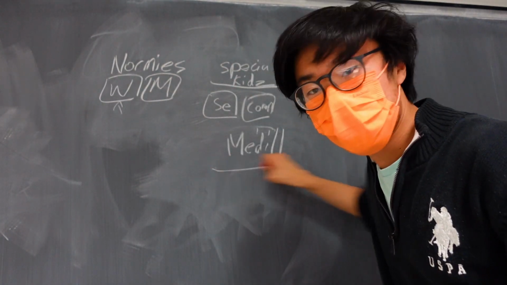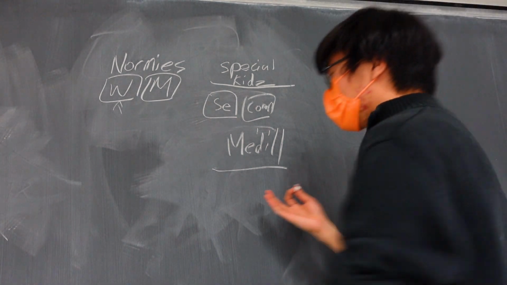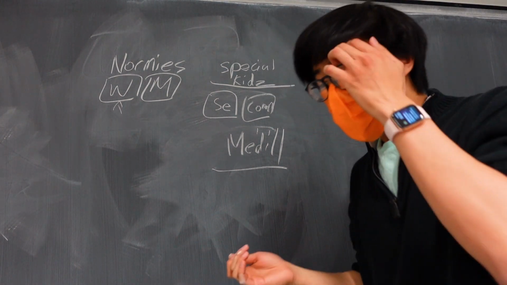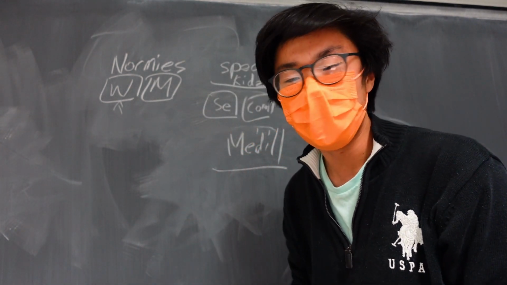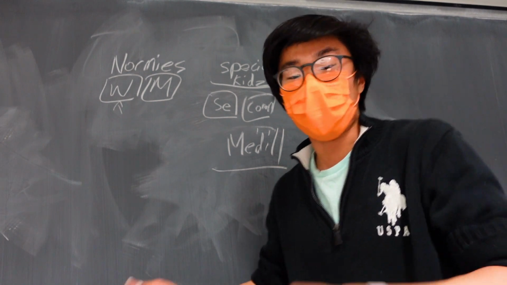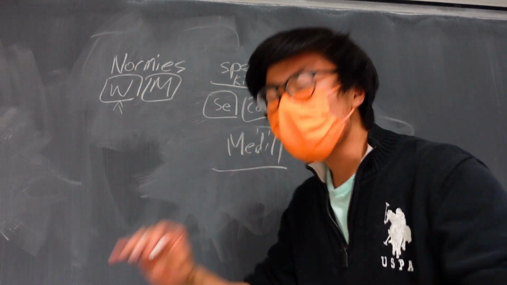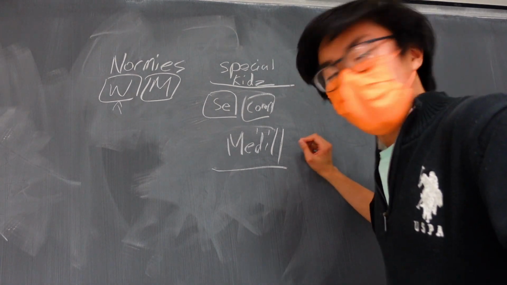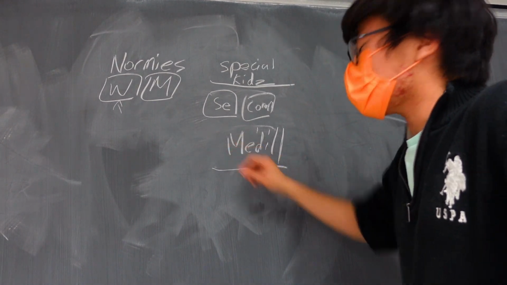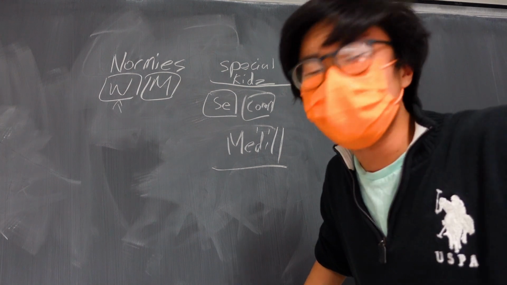Next one, Medill. Medill is actually the best in our school, but I've never seen any of them because I've literally never met a Medill major here. I don't know if it's just because of where I'm living on campus, but I have never seen a Medill student. Whatever, that's not the point. Medill, I'm pretty sure it's the most competitive because Medill is ranked at least top 3.